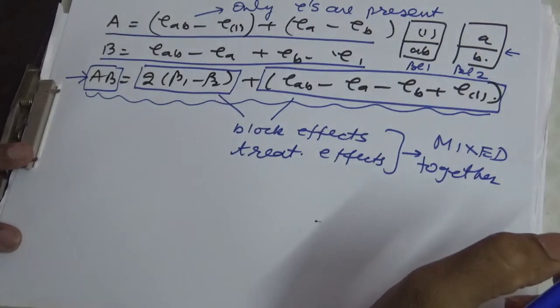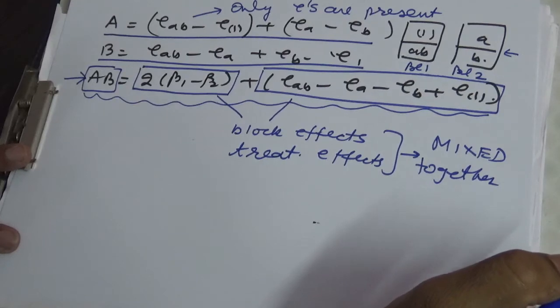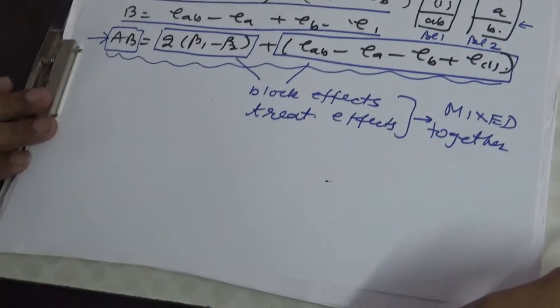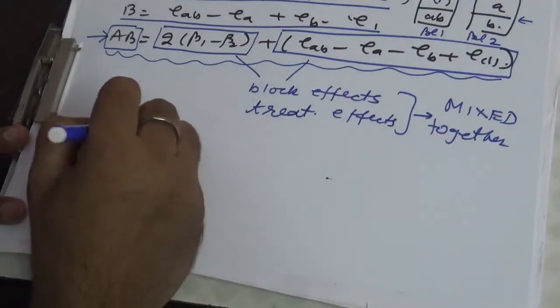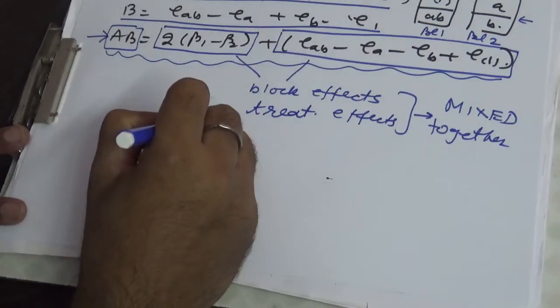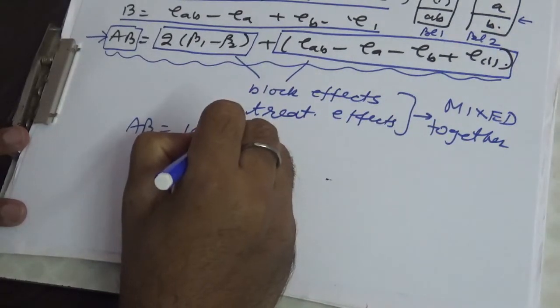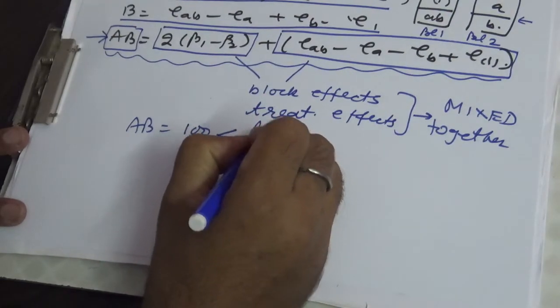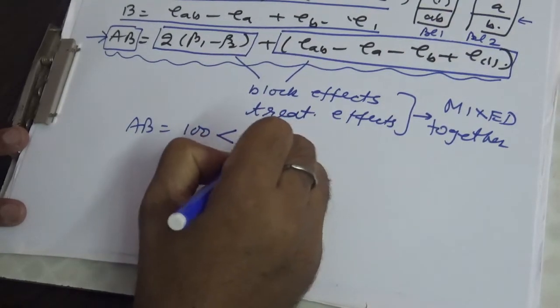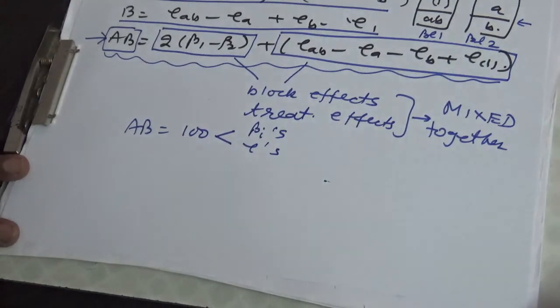And you cannot separate out what is the contribution of block effect and what is the contribution of treatment effect. For example, suppose AB comes out to be 100. Now you don't know how much is the contribution of the blocks, the beta i's, and what is the contribution of the taus. So in this case, what is happening?